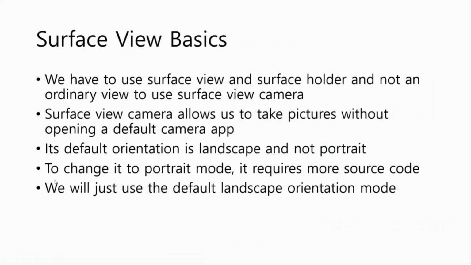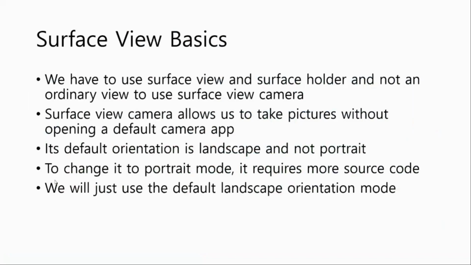So let's go over some of the basics of surface view. First, we have to use SurfaceView and SurfaceHolder and not an ordinary view, like a scroll view, to use the surface view camera. Surface view camera allows us to take pictures without opening a default camera app.